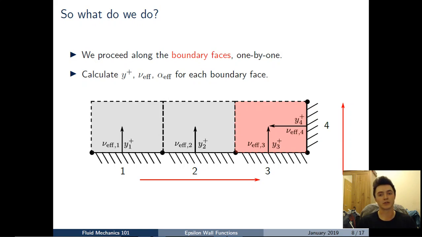These boundary faces share the same cell, but we still evaluate the y plus and the momentum and thermal diffusivities on each boundary face one by one. So it's definitely worth bearing in mind that we move along boundary faces rather than boundary cells, and that's what we're going to do as we move through the process here.